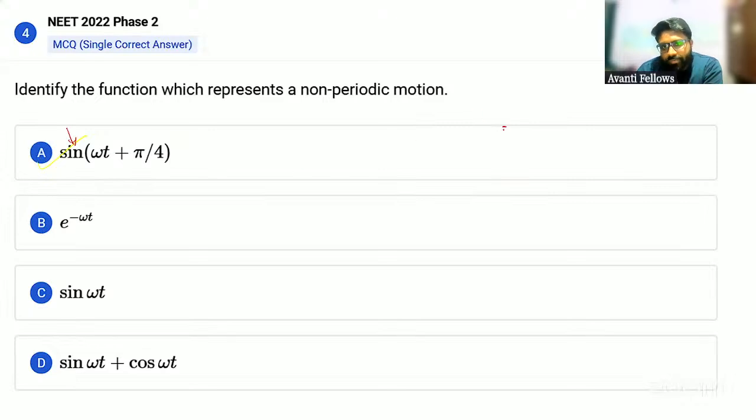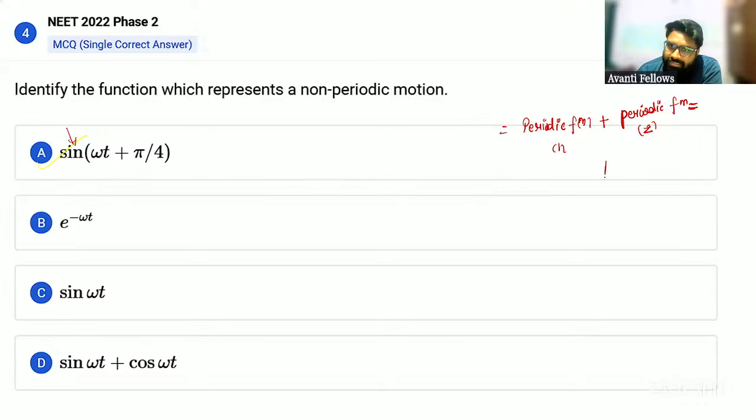If we add two periodic functions, 1 plus 2, this will become what?